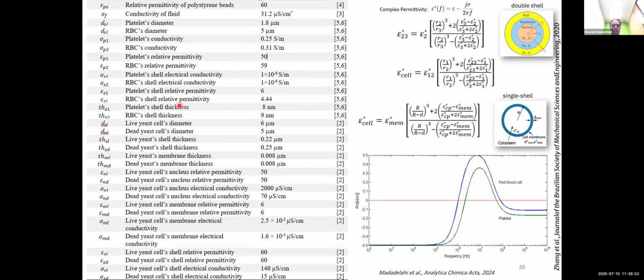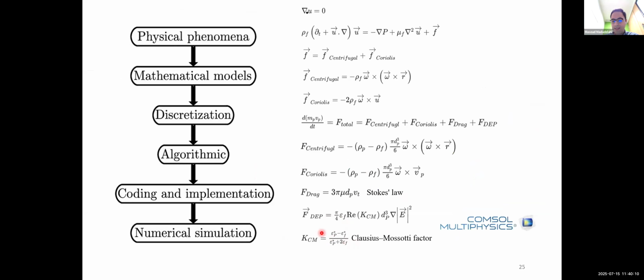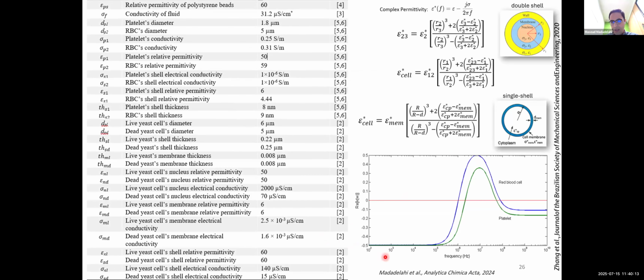Okay, here you can see the list of parameters that we have considered in this simulation. For that DEP force, we need to find this factor, right? KCM, or Clausius-Mosotti factor. For that, you can find different models. For example, we can have double shell models or single shell models.